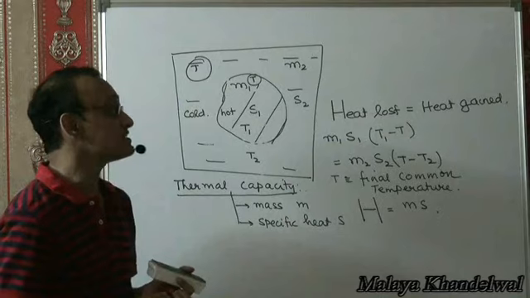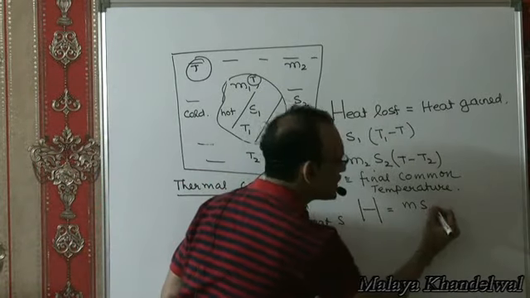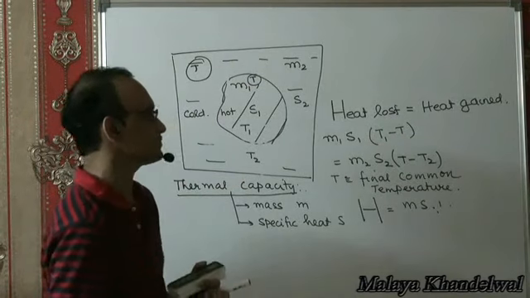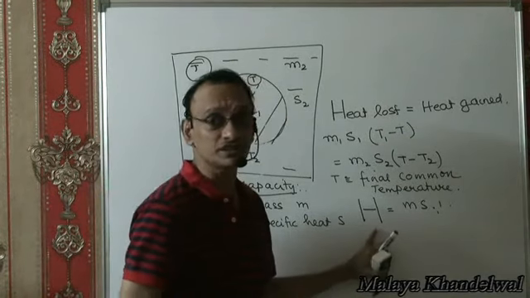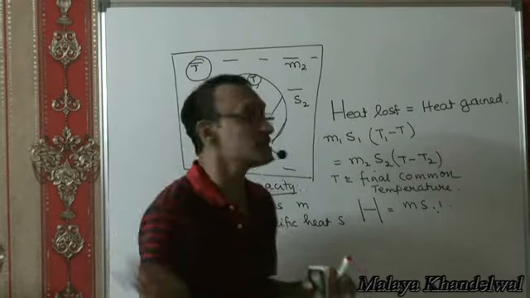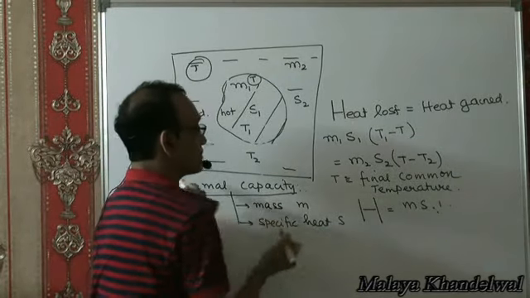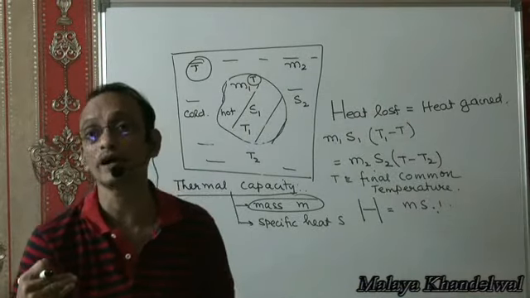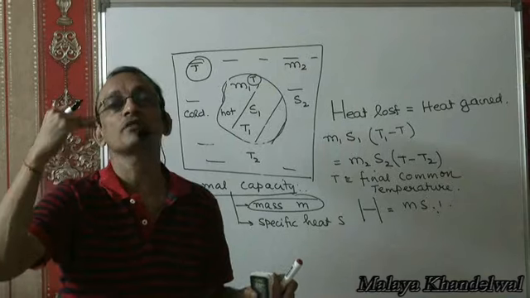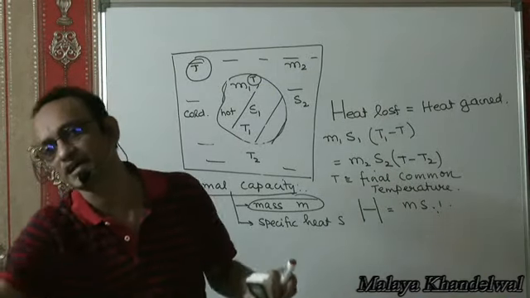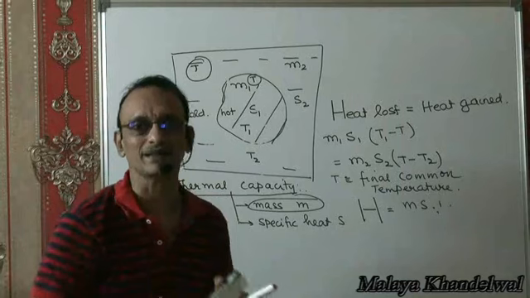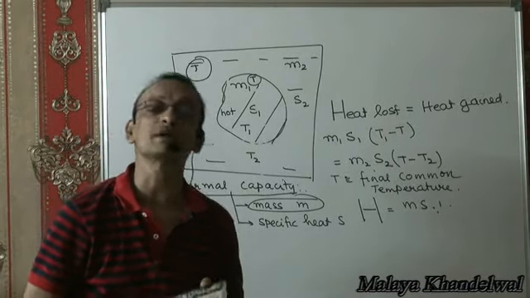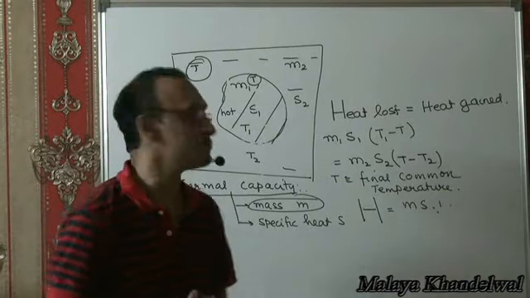Do you realize if I say mass into specific heat, I could also say it's mass into specific heat into 1, which is as if it's about the amount of heat required to raise the temperature of a given mass of a substance by 1 degree. The amount of heat required to raise the temperature of a given mass of a substance by 1 degree is called the thermal capacity of the substance, or it's also the amount of heat required to lower the temperature of a given mass of a substance by 1 degree.